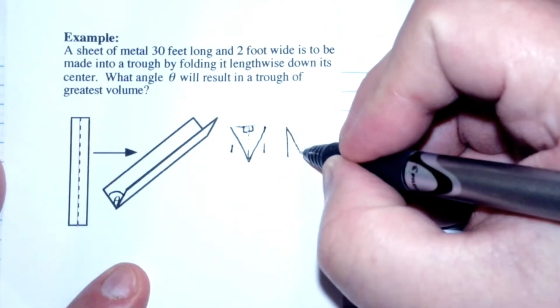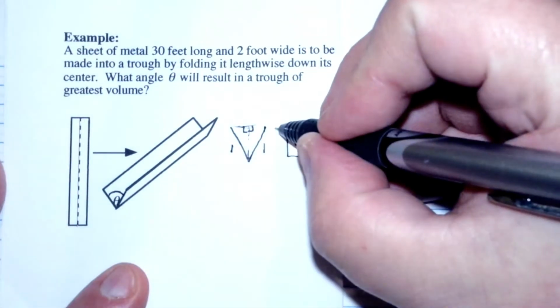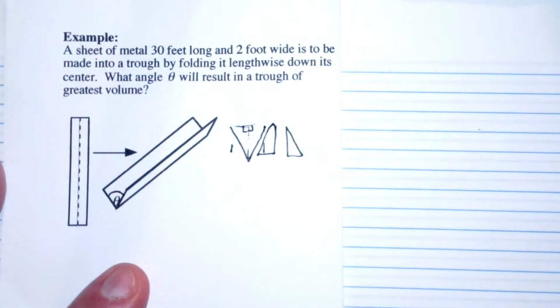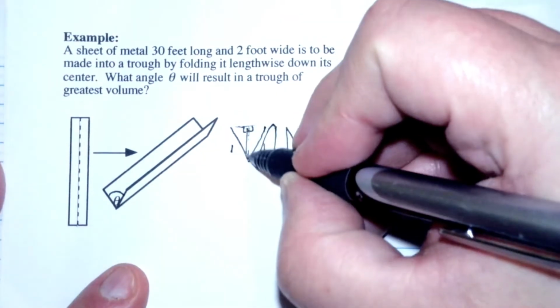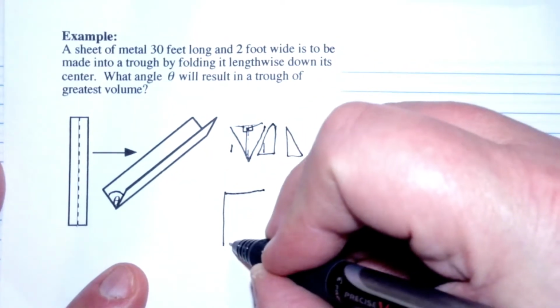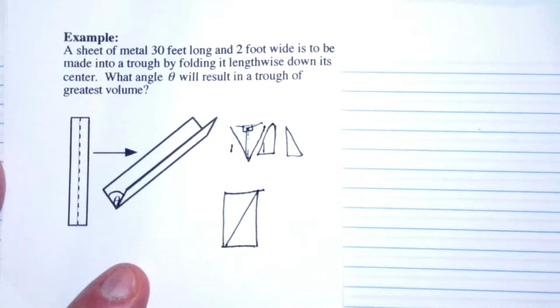It'll look like this. But then I want to fold it over this way. And when you combine it with this half, what we're going to get is a rectangle.